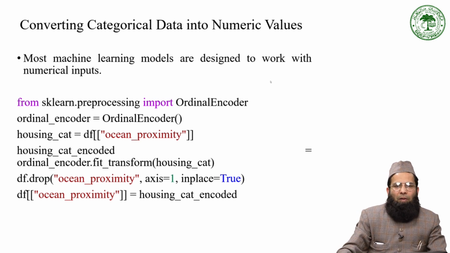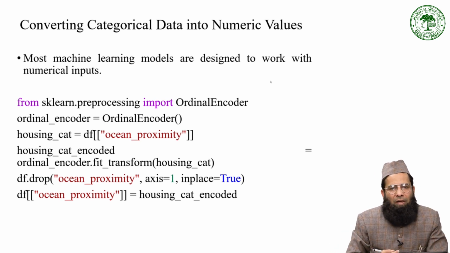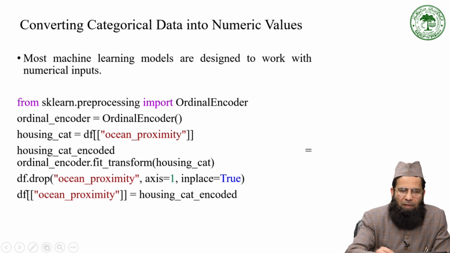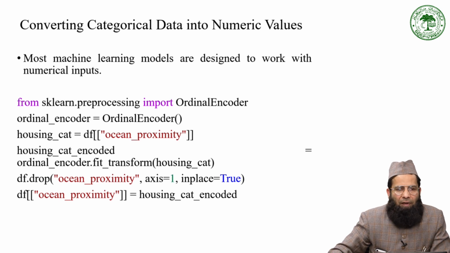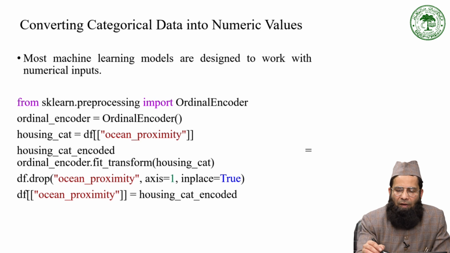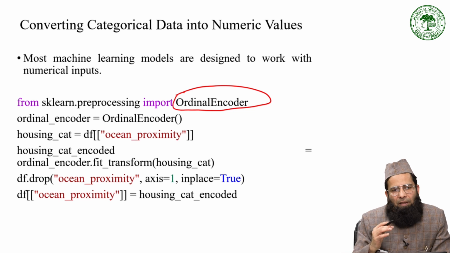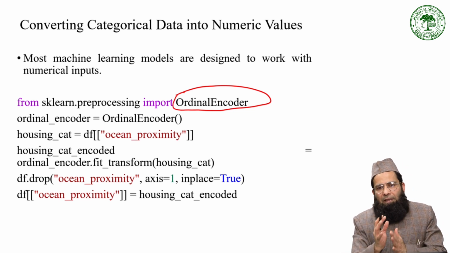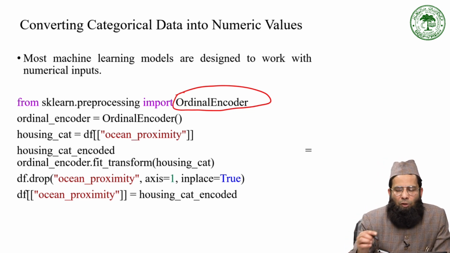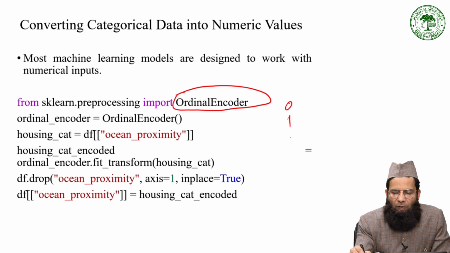And to convert categorical data into numeric values, for that purpose, we have the ordinal encoder. I already discussed that it converts the categorical data into numeric values in the form 0, 1, 2, and so on, right?